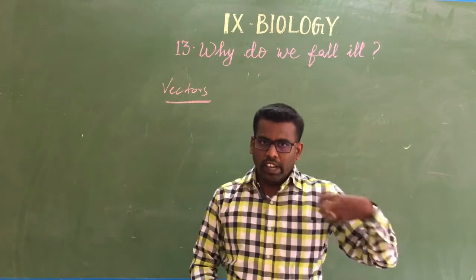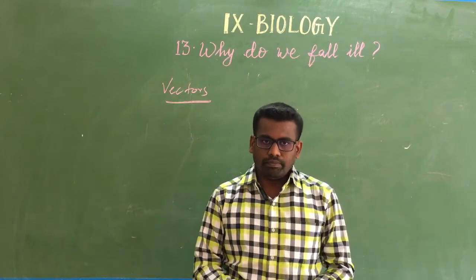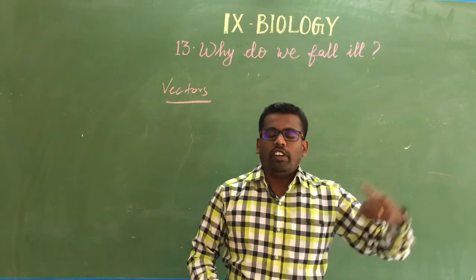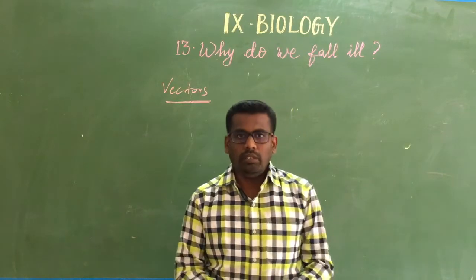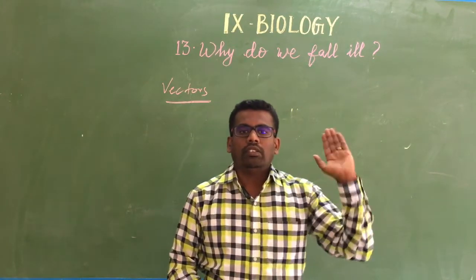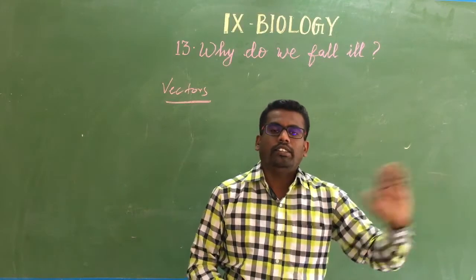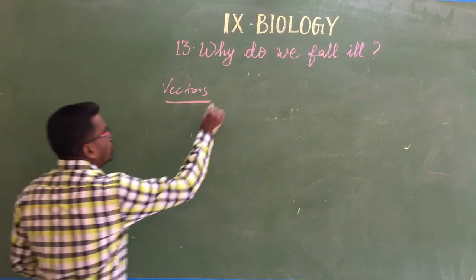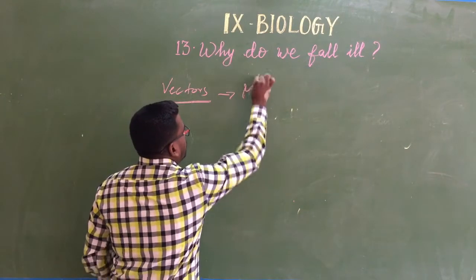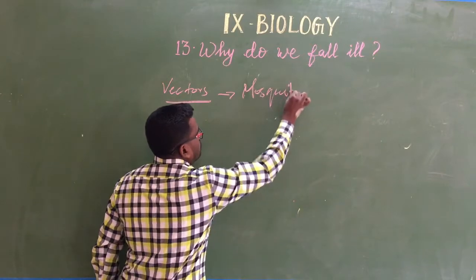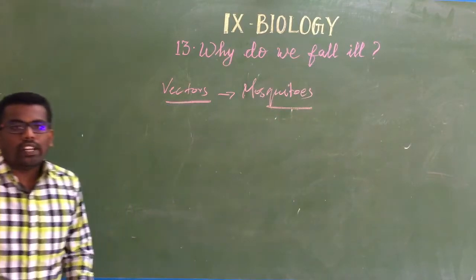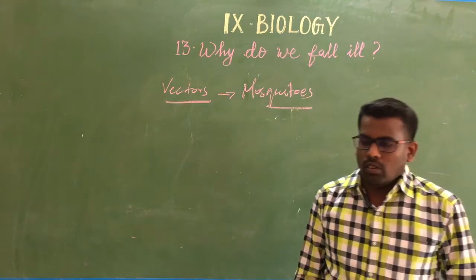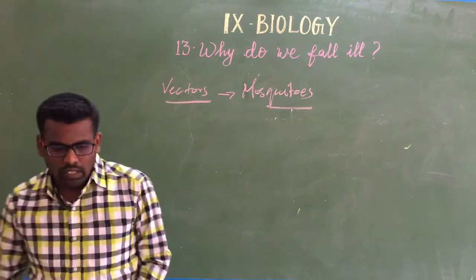These infecting agents are carried by some animals and transmitted from an infected person to a healthy person. Those organisms are called vectors. Examples: houseflies, mosquitoes. Mosquitoes are called one of the vectors. How?